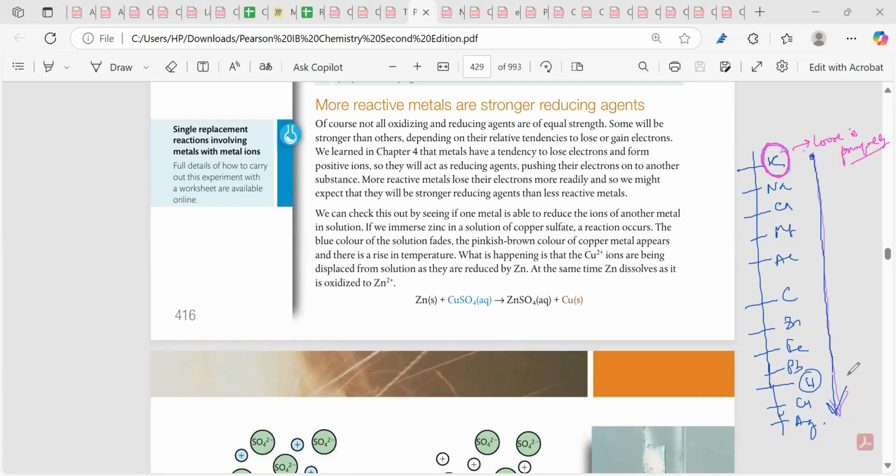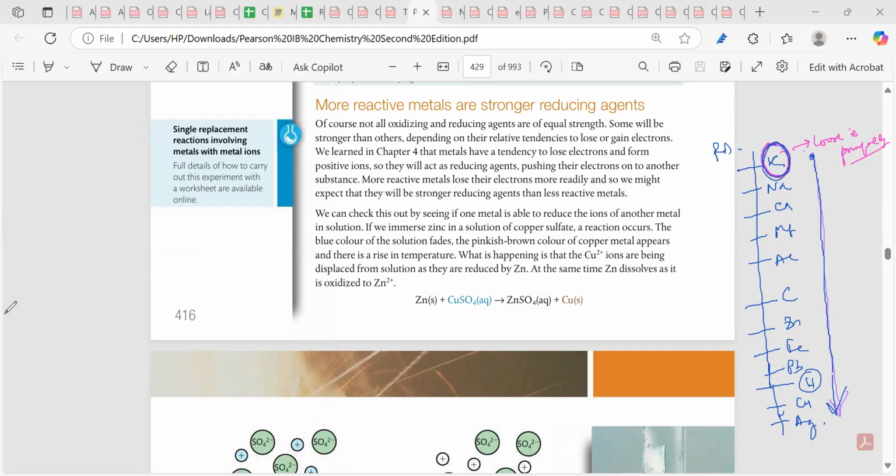So loss of electrons will be powerful over here, so it will behave as a powerful reducing agent. Mahin, my question: did you understand? Potassium is up the reactivity series, so it's a more powerful reducing agent.